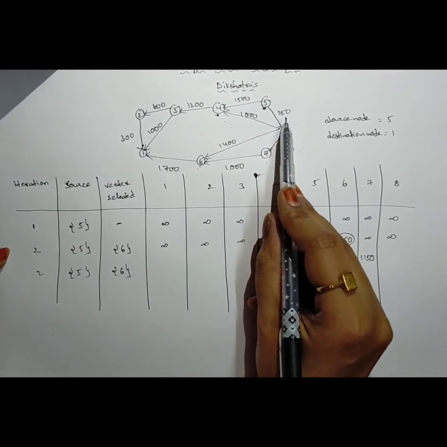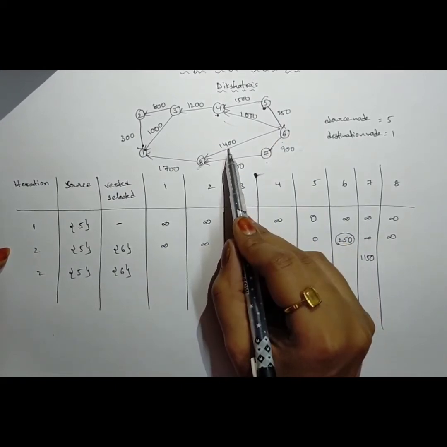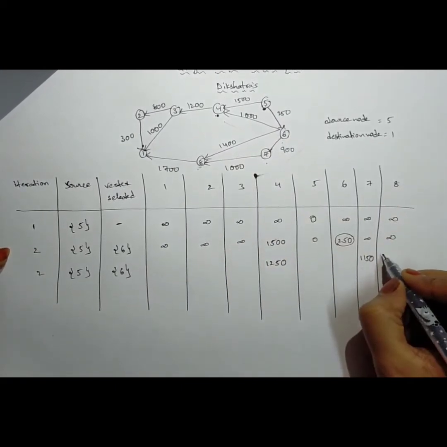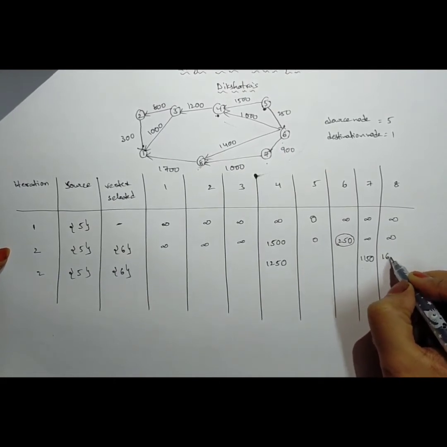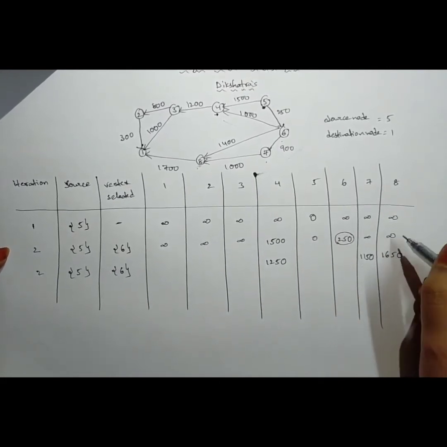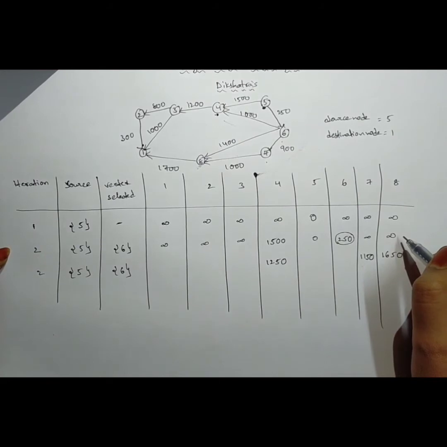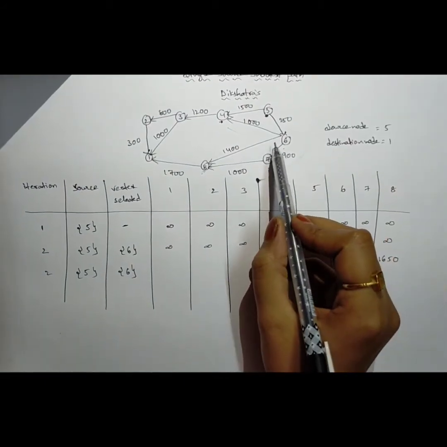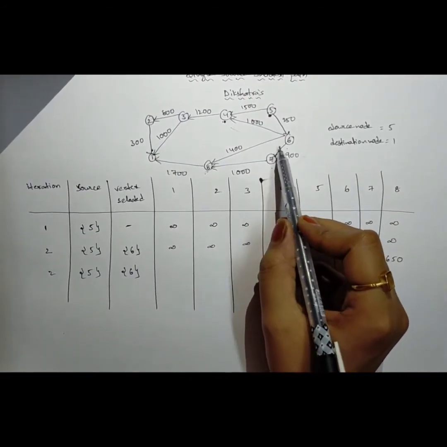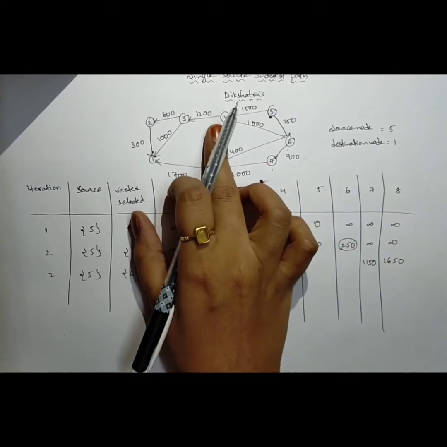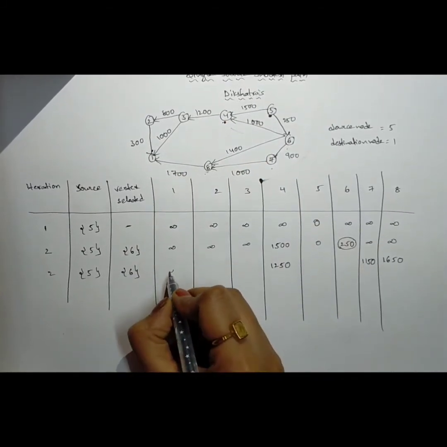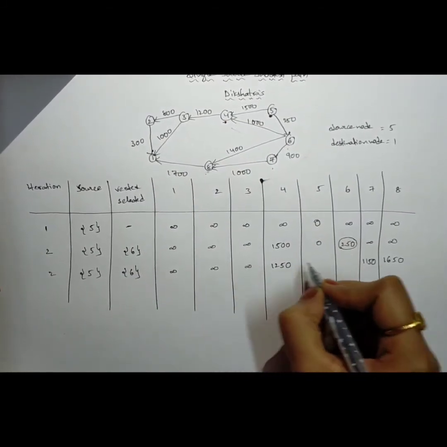I am adding this 250 value to 1400. That means for 6 to 8 we have 1650. 1650 is smaller than the infinity value, so I am replacing infinity with 1650. From node 6 I have considered all the directly connected edges, so the remaining values will be placed as they are.